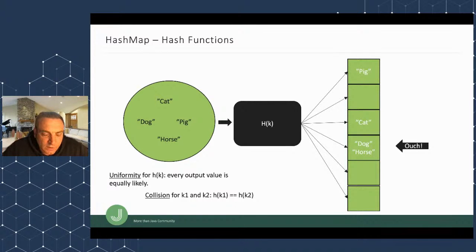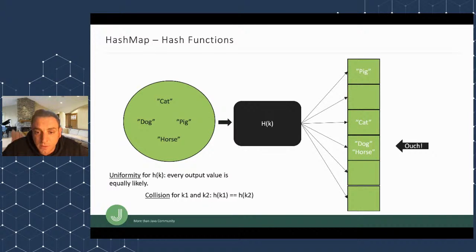I just want to tell you something about properties of hash functions. We talk about uniformity for a hash function when every output value is equally likely, so every index is equally likely and the hash function does not produce indexes in a biased way. But even when a hash function performs well in terms of uniformity, collisions are still possible.